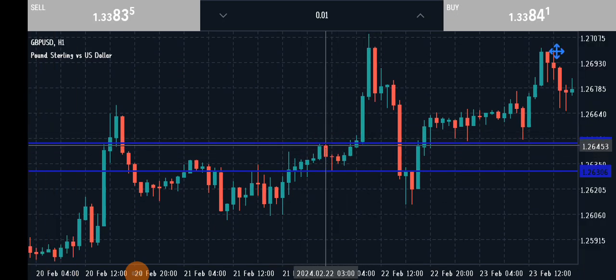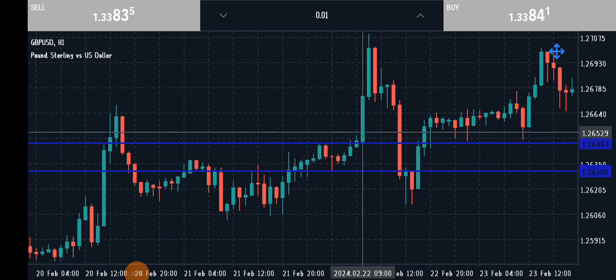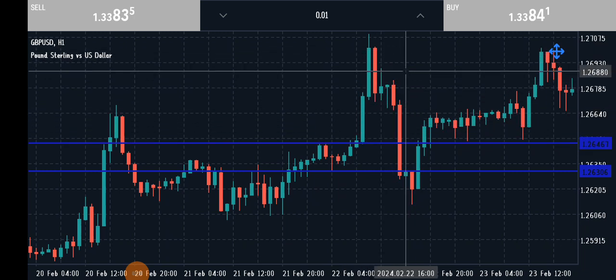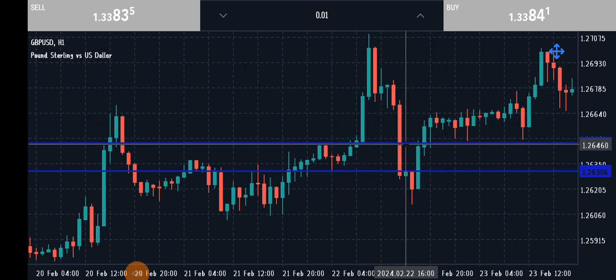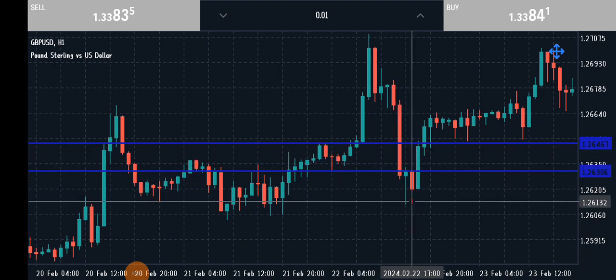Let's say the beginning of this red candle you mark out, the beginning of this green candle you mark out. Then you saw that the market actually went towards the upside. On returning, it did not touch the line. It broke in. It broke out.